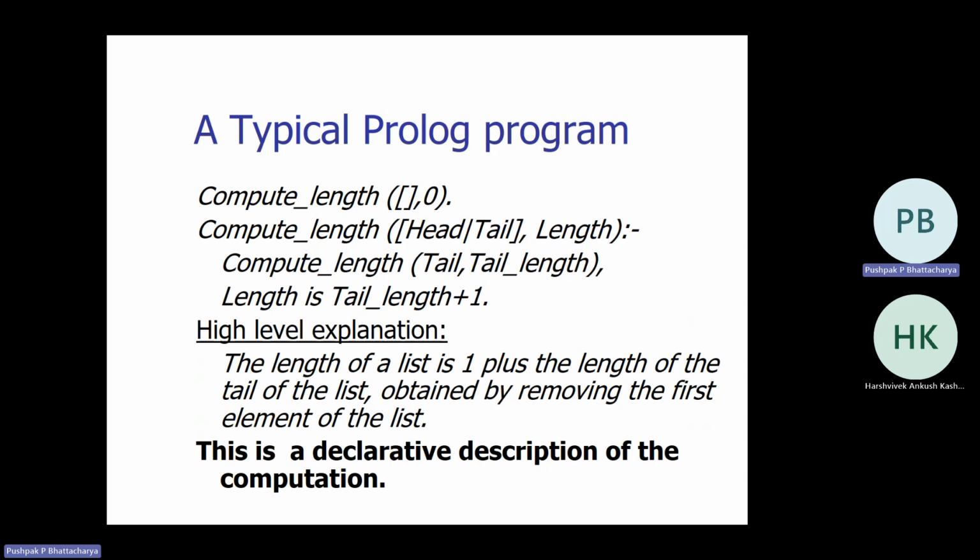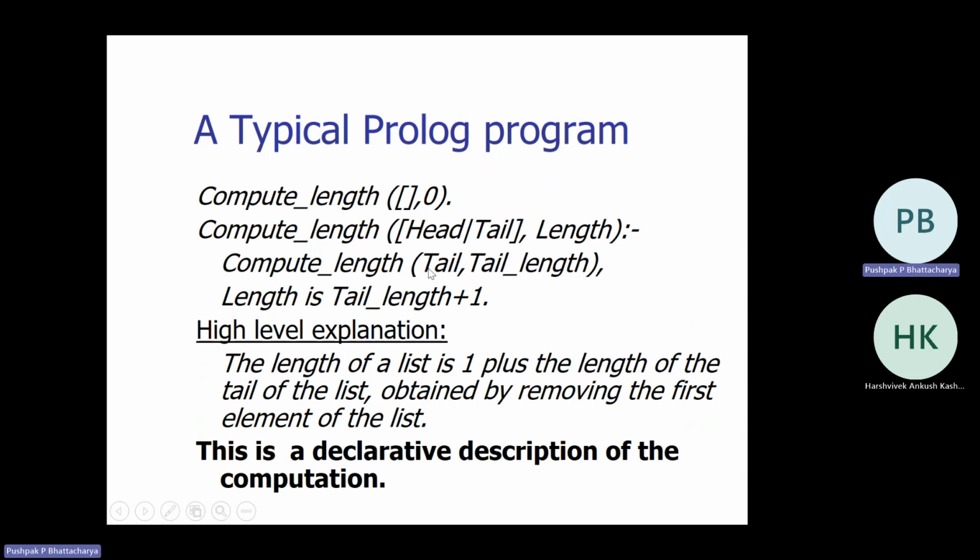The lists are represented by a square bracket and the elements within them. So compute length of head bar tail is length. This operator is called the if operator. If compute length of tail is tail length, and length is tail length plus 1.